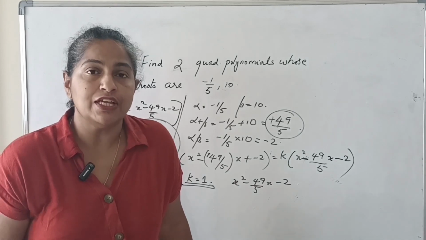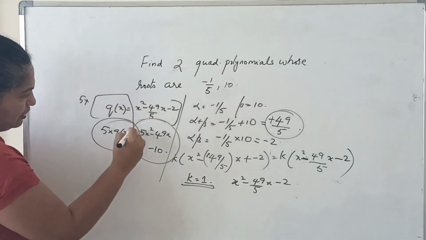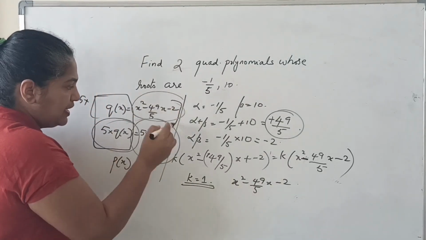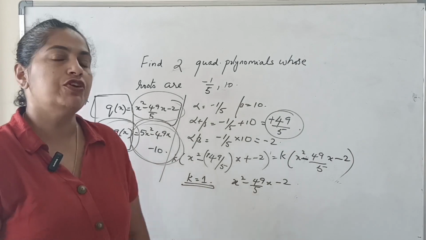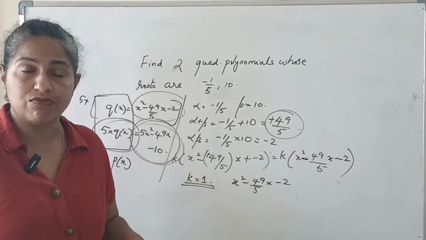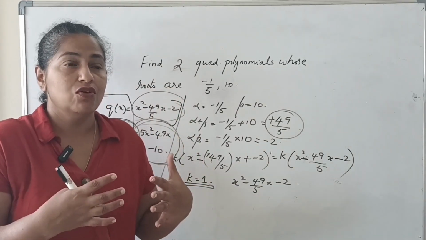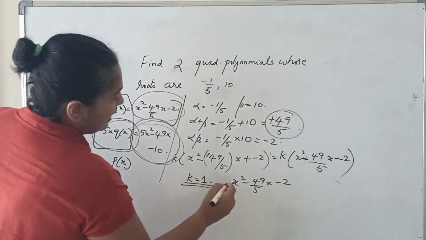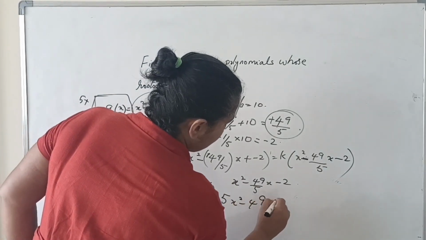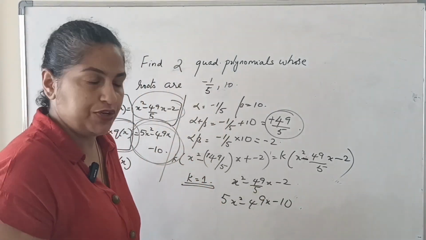They are not cancelling the denominator, they are taking the LCM, and because this part is not visible to you, you are seeing only this part. You don't have to bother about whatever is not mentioned in your textbook, but understand it for better concept purposes, and you can write it as 5x square minus 49x minus 10. So, that is one polynomial.